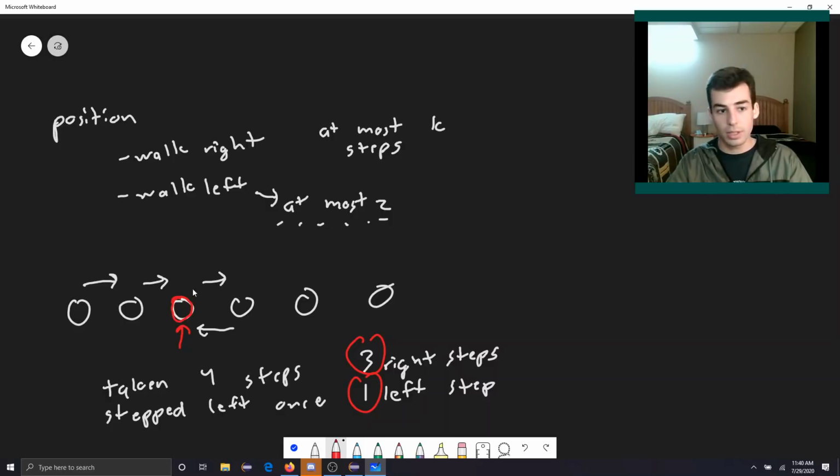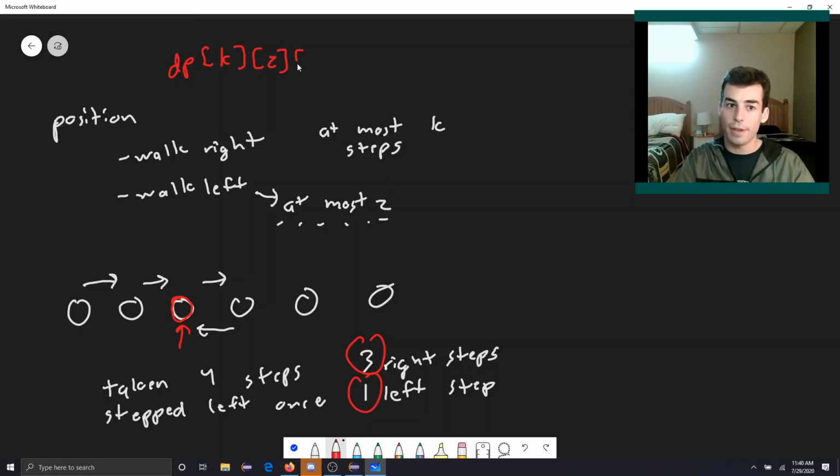So basically you just do a DP where your state is how many steps you've taken so far, how many left steps you've taken, and also whether your last step was going left or not. So this is just size 2. And this is equal to the maximum score you can get.